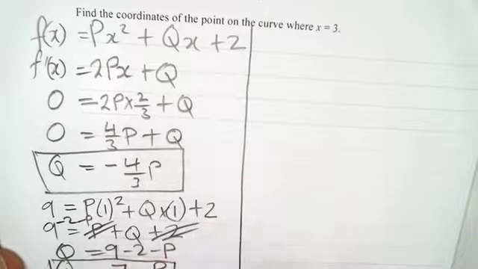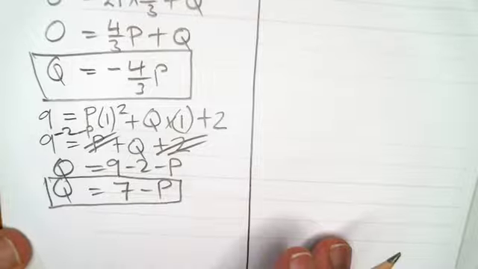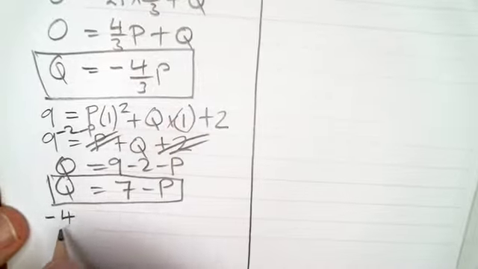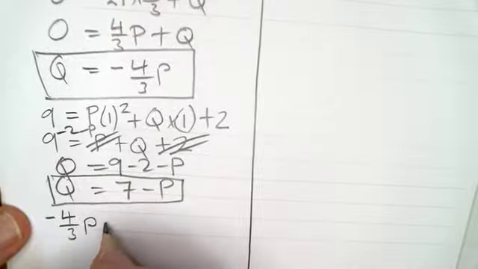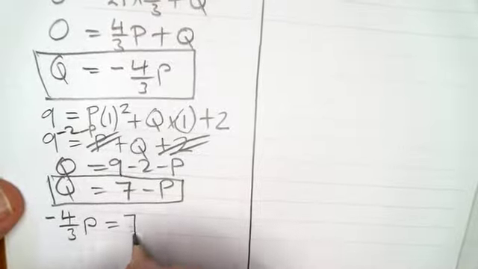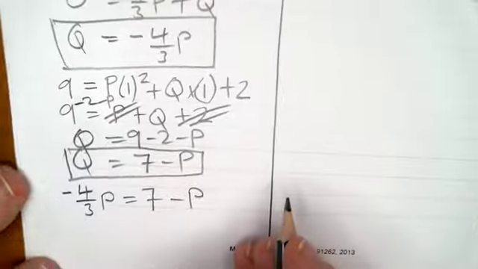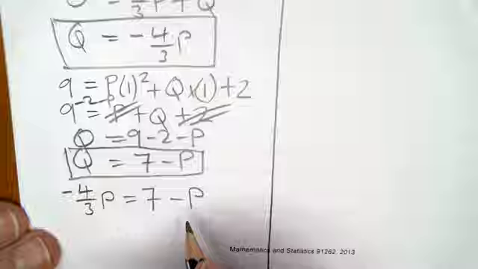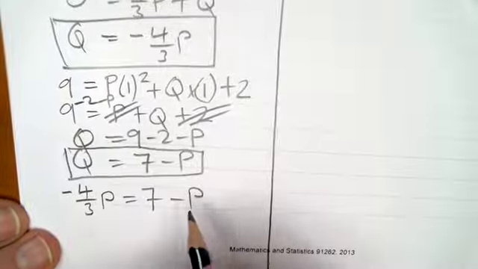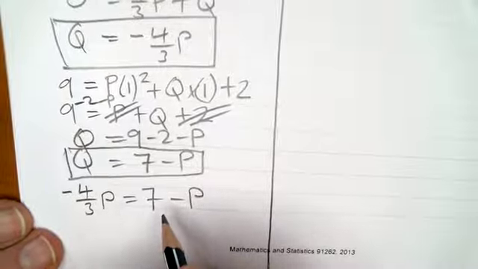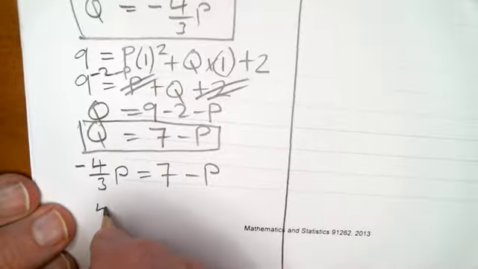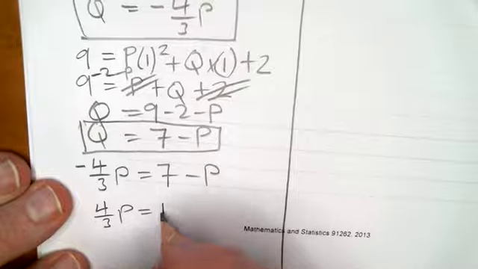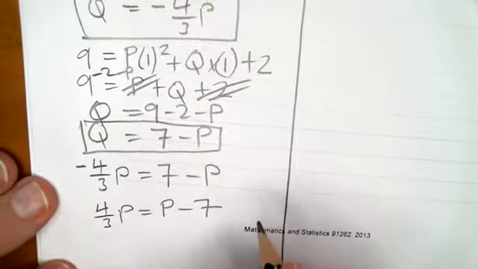And now I can make these equal to each other. So negative 4/3 p is equal to 7 minus p. I'm going to multiply everything by negative 1, I just like positive. So 4/3 p is equal to p minus 7.